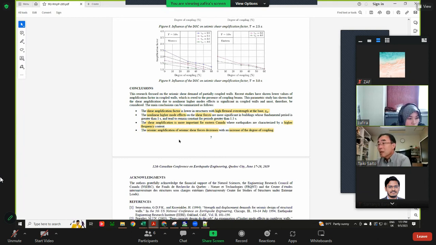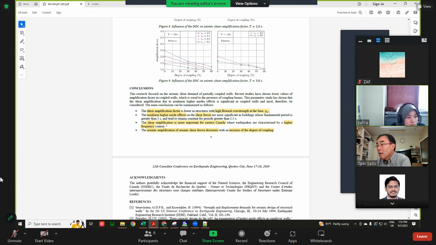This is the conclusions. They are discussing the optimum degree of coupling. The conclusion talks about shear amplification factor being lower when the structure has high flexure over strength. Nonlinear higher mode effect on shear force is more significant in buildings whose fundamental period is greater than 1 and tends to remain constant for periods greater than 1.5 seconds.